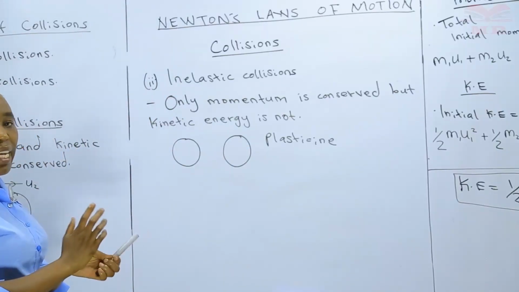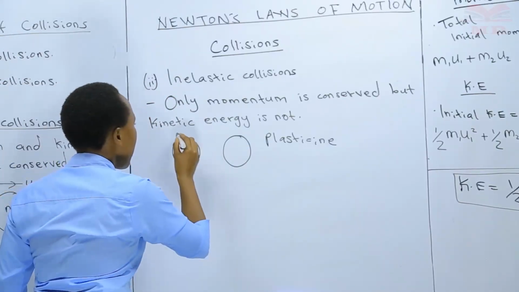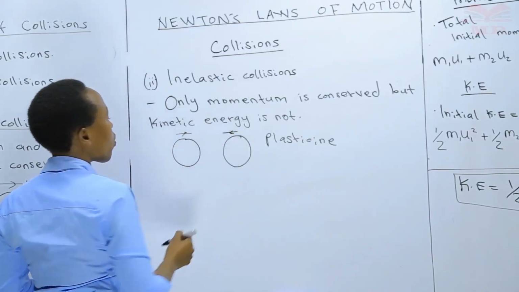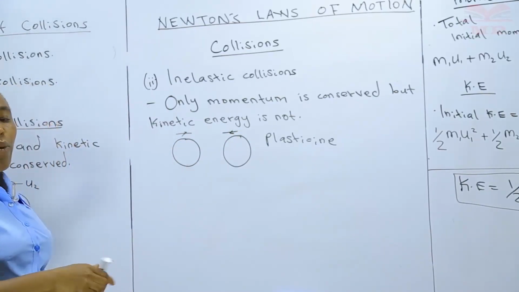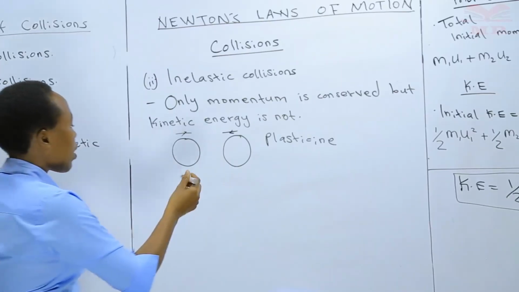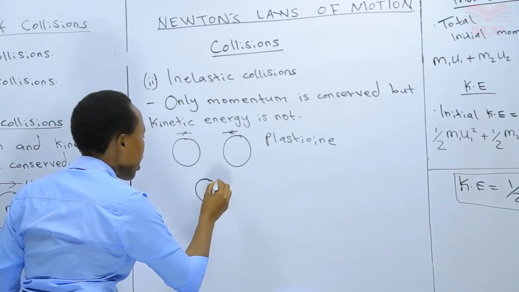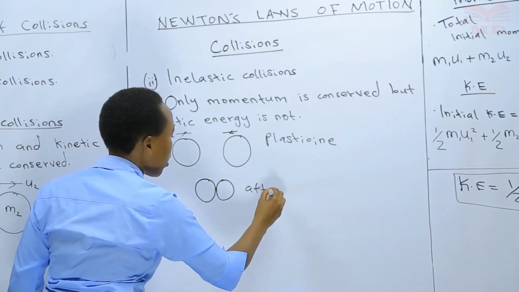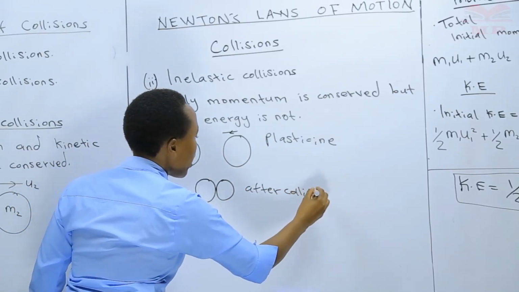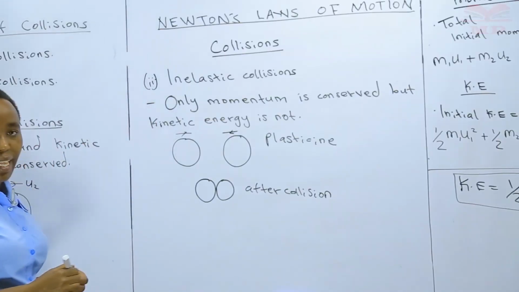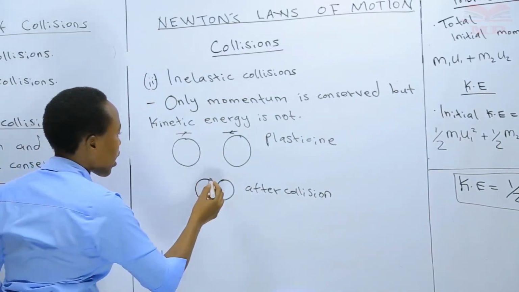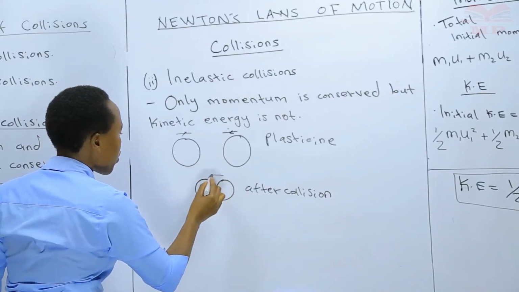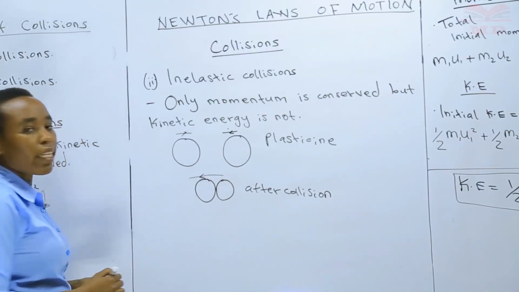Now, when they collide, let's say this one was moving in this direction, and this one was approaching the other one. When the two collide, they will be attached to one another. This is after collision. After the collision, these two will move together. Let's say this velocity was more than this, then it means that they will start moving towards that direction.